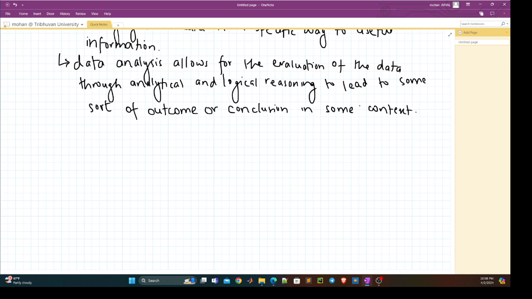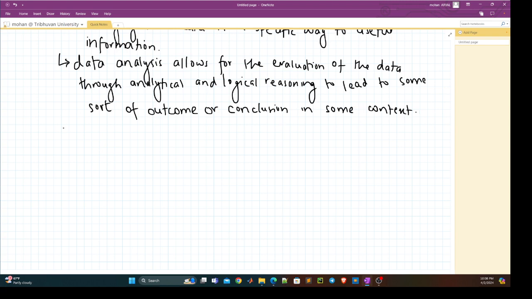Okay, data analysis allows for the evaluation of the data for analytical and logical reasoning to lead to some sort of outcome or consequences or conclusion in some context, and that's easy to understand.